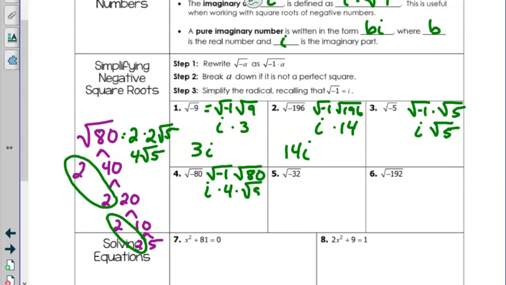We've got to rearrange these so that it looks nice and neat. So we have i times 4 times square root of 5. What I want you to do when you have all 3 components, a number outside the radical, and the i, is write it with the 4i and then the radical 5 in that order.